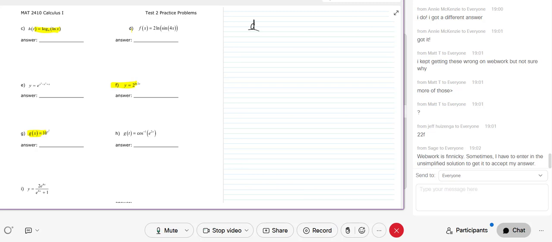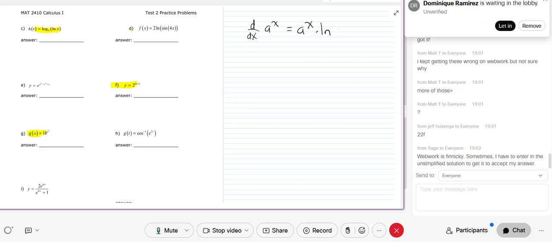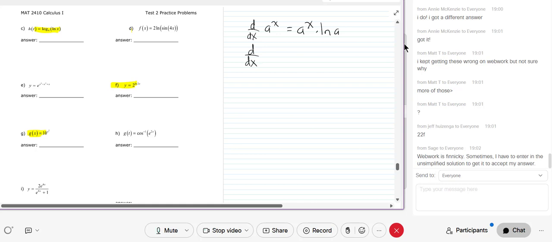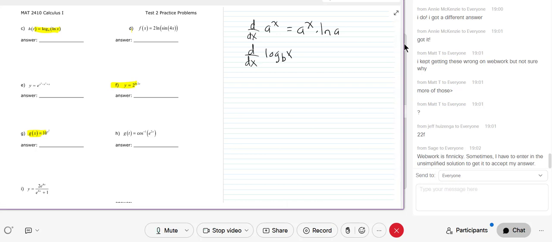I will give you that the derivative of a to the x is a to the x times ln of a. Also, I will give you the derivative of log base b of x is equal to 1 over x times the ln of b. Okay, so that's what these two problems have to do with.